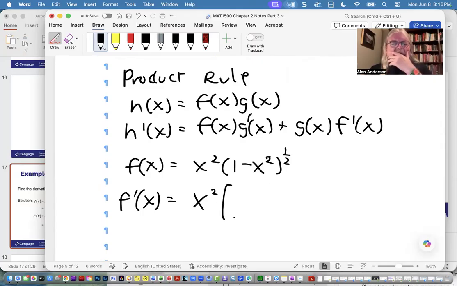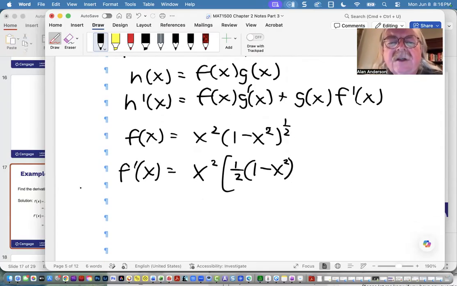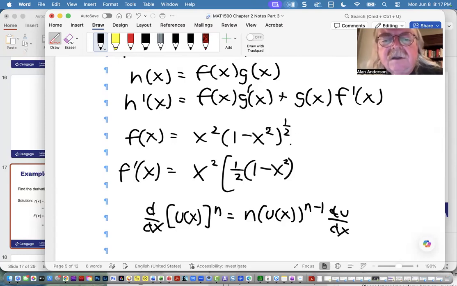So with x squared, now we need the derivative of this piece. Now remember, we're applying the general power rule here. It's n u of x, n minus 1 du dx. So that means it's going to be 1/2 is our n. U is 1 minus x squared, let me write this over here.